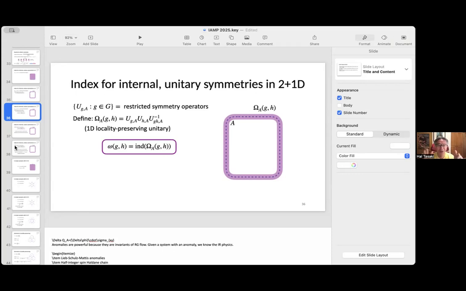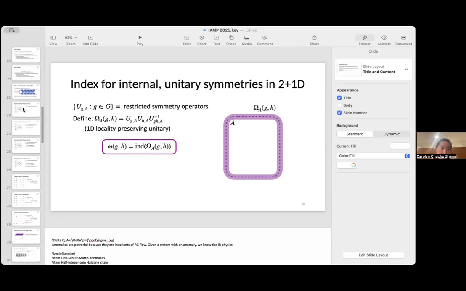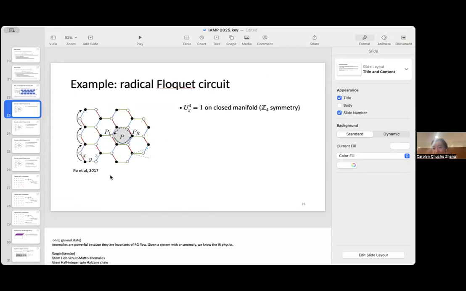Did you find this by accident, or is there any philosophy leading you to these examples? I think it came up because there is this belief, which you can also make more concrete, that gauging is equivalent to making onsitable and all those things. But there was this work back in 2017 on this unitary, and people back then didn't view it as a symmetry, but as a locality-preserving unitary, a Z2 unitary.